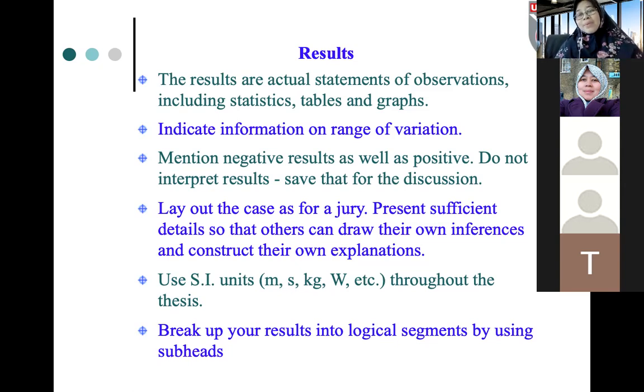When I found out that it happened quite many times, I think this is such a waste. Results, even though they are positive or negative, or you think they are weird, you should put them in proper form and discuss them with your supervisor. And let's say your supervisor suggests, let's discuss with another expert. So do not just throw away your results when you think that the results are weird.